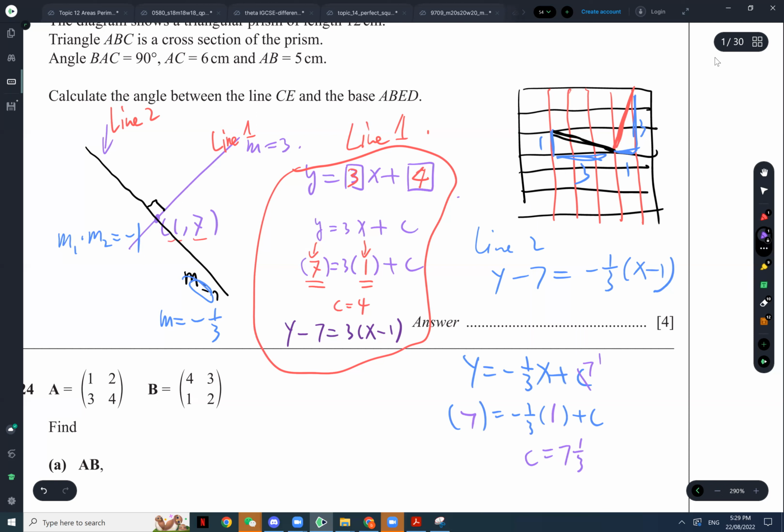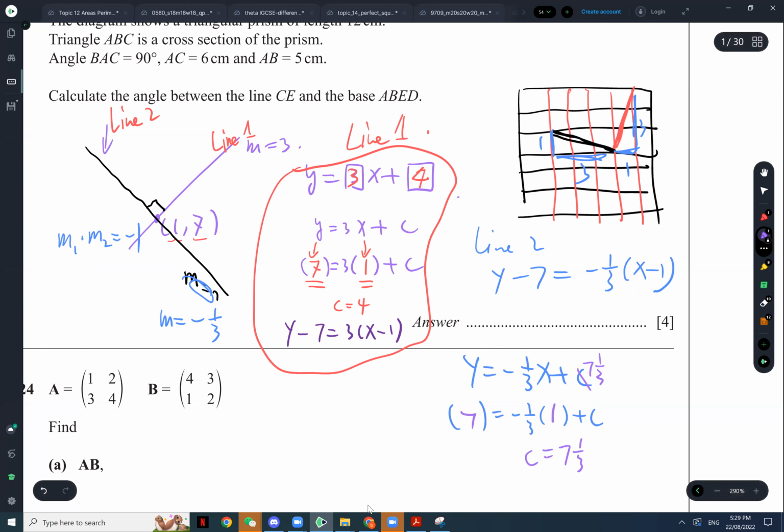So here's 7 and the 3rd. Very good, Max. That's how we work out the equation. Atav, did you learn the equation of a line at 90 degrees? Okay, yeah.